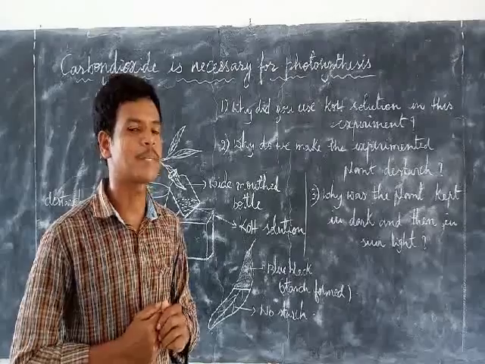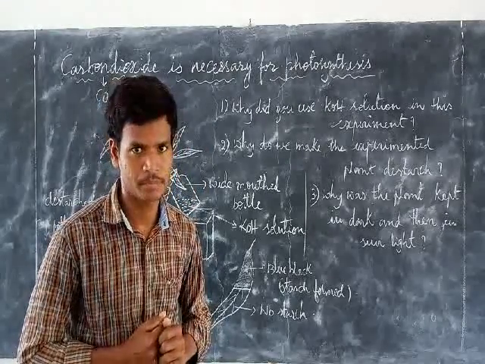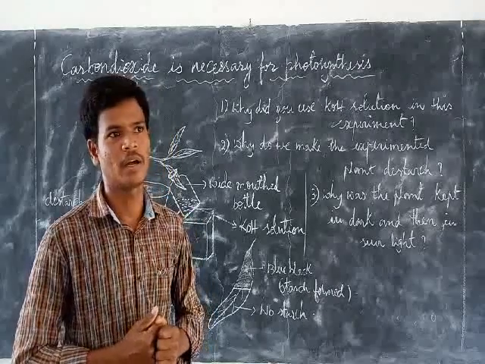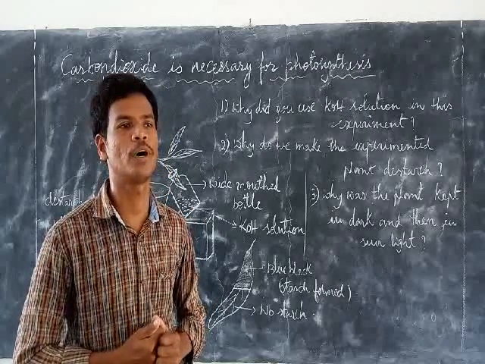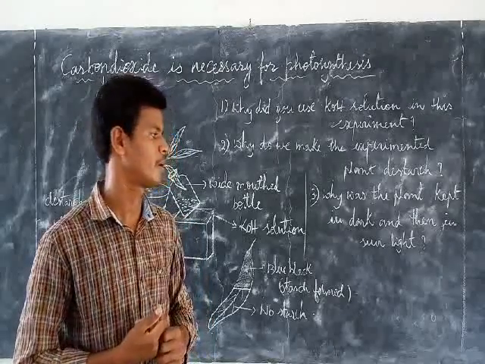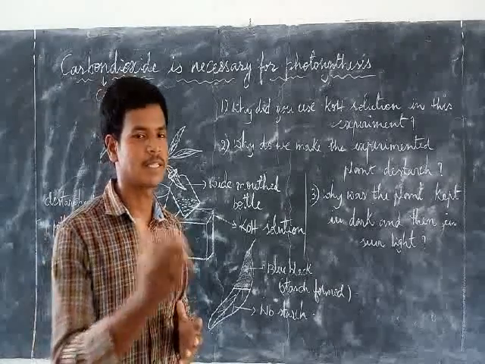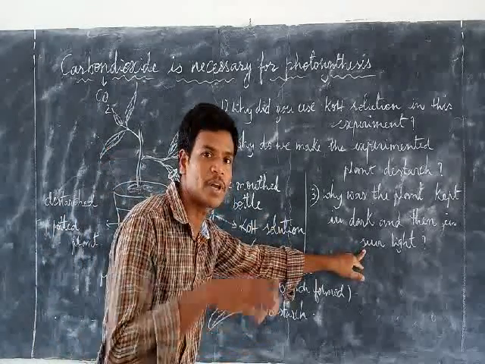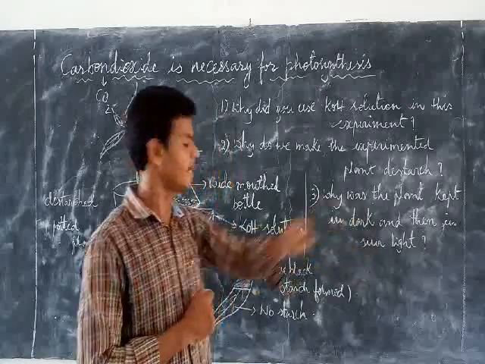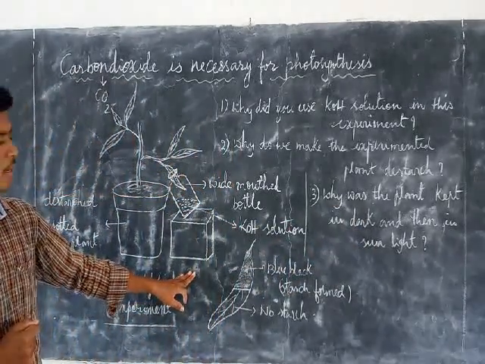A plant kept in the dark becomes destarched. That plant is useful for conducting the next step of the experiment. Then the destarched plant is placed in sunlight for getting a good result. So in this activity, what did we learn?